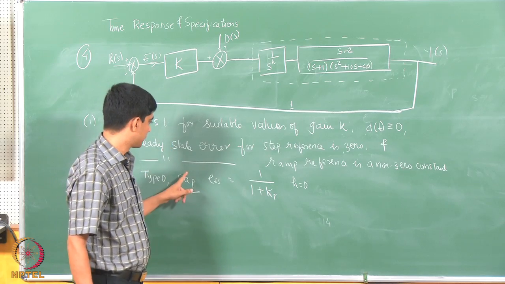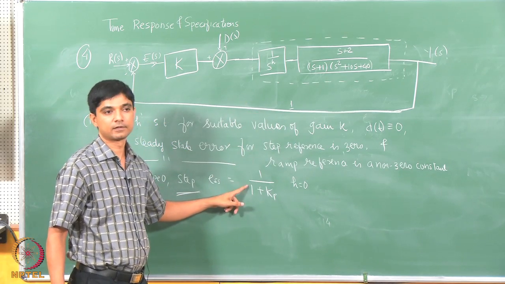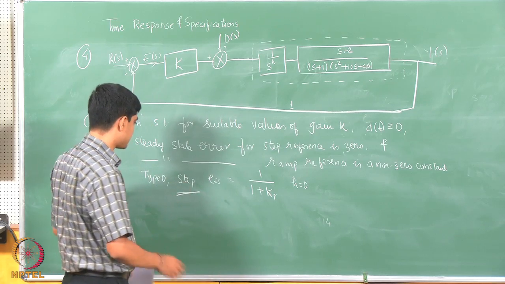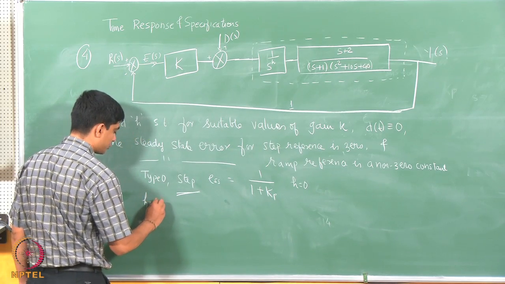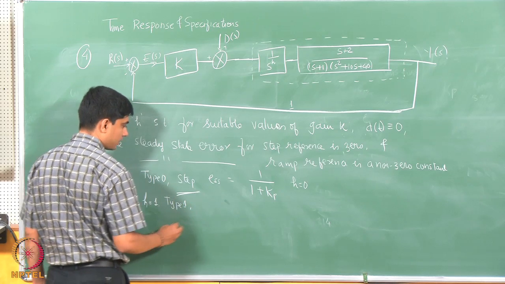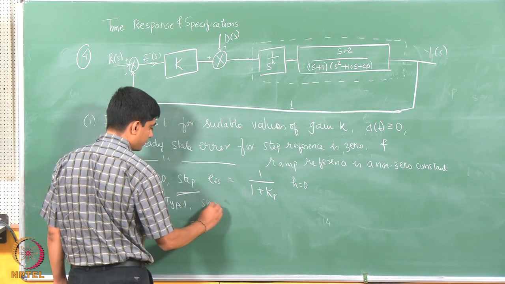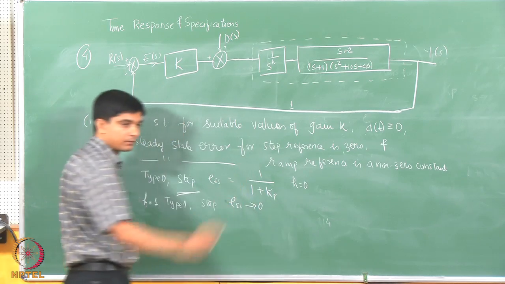Okay. Now, when h equal to 0, I would have some steady state error, this is not 0. So, I should at least have h to be 1, so that I have a type 1 system and then a step input, then ESS goes to 0, okay, that we know.